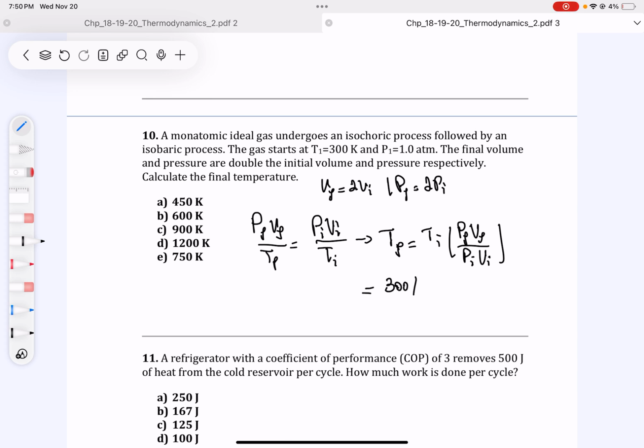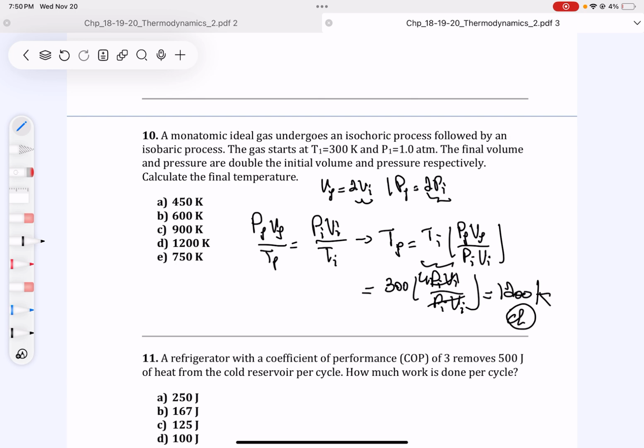That's 300 times 4 P initial V initial over P initial V initial. This is just from here: V final is 2 V initial, P final is 2 P initial, then P final V final is 4 P initial V initial. We get 1200 Kelvin, and that's D.